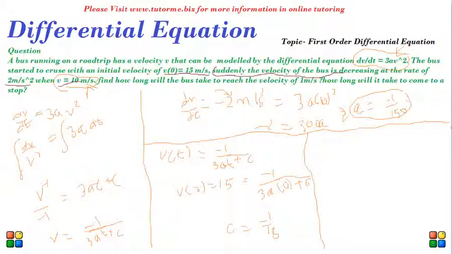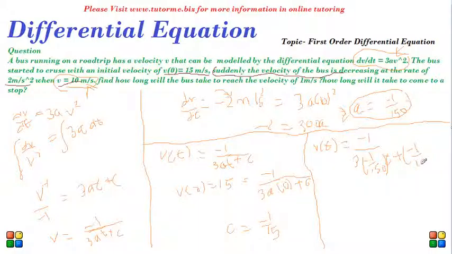That is 15, by the way. Okay, so now let's substitute everything back into the equation of velocity for the bus. So I have negative 1 over 3 times a, which is negative 1 over 150, times t, plus negative 1 over 15.